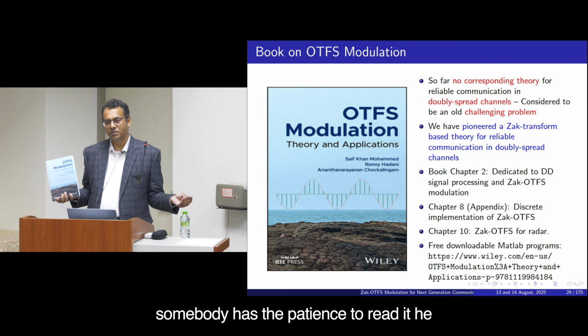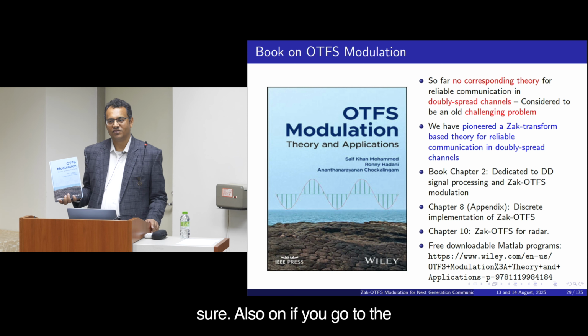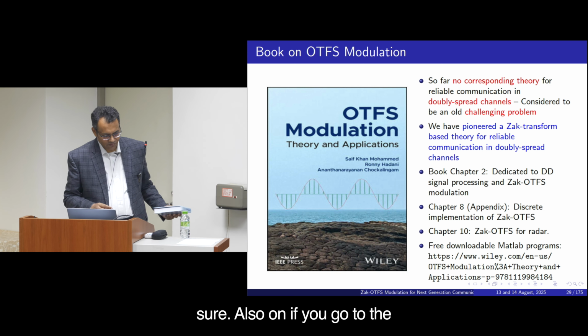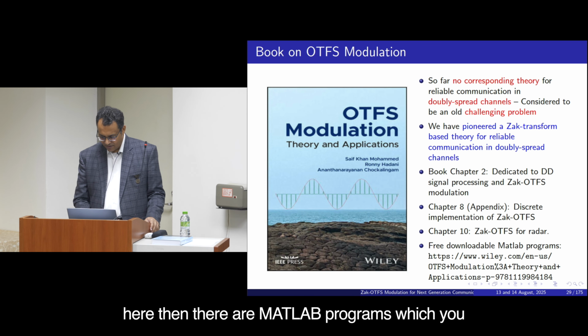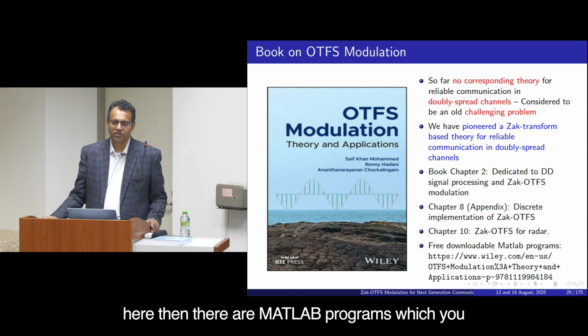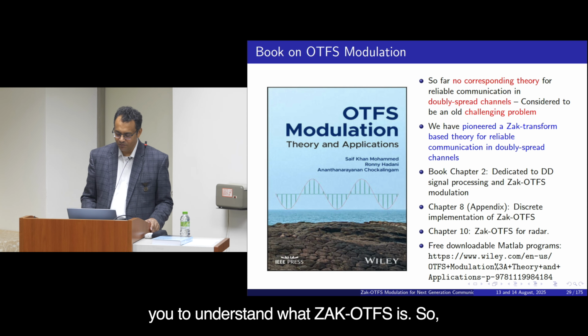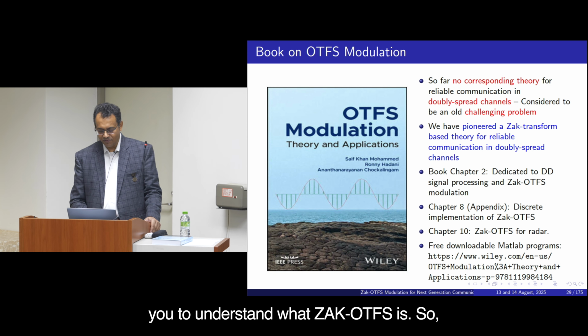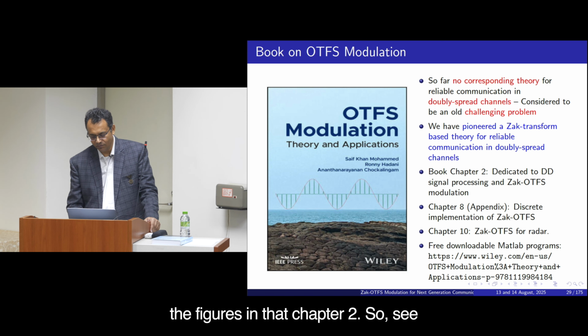And if somebody has the patience to read it, he'll become an expert on Zak-OTFS for sure. Also, if you go to the web page, at this particular link, there are MATLAB programs which will help you understand what Zak-OTFS is. All those MATLAB programs were used to generate the figures in chapter 2.